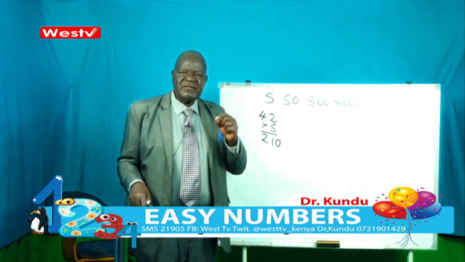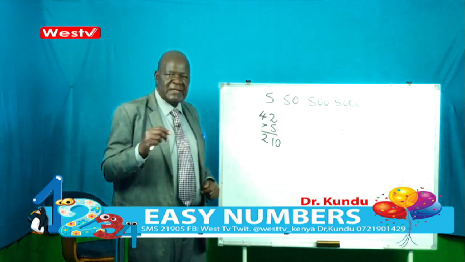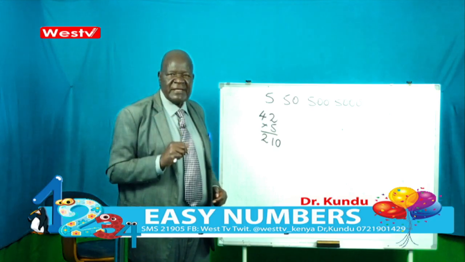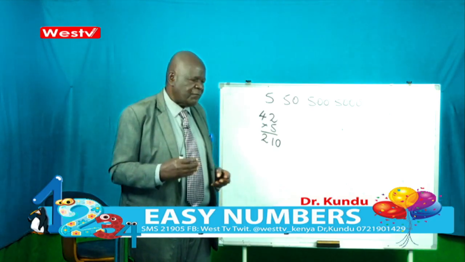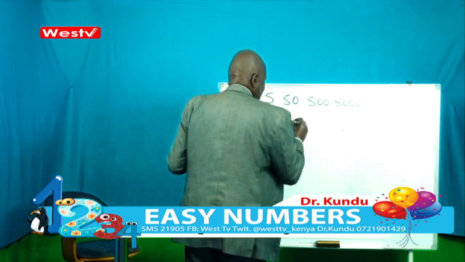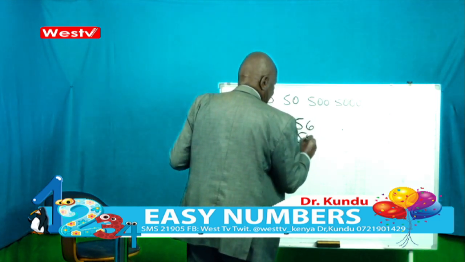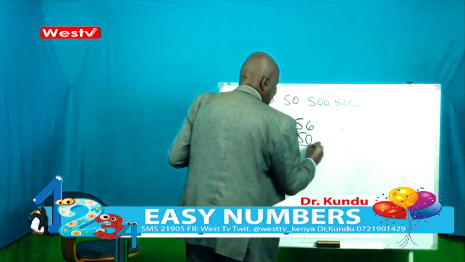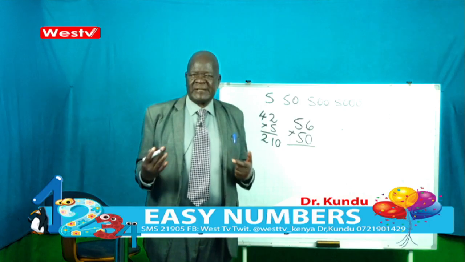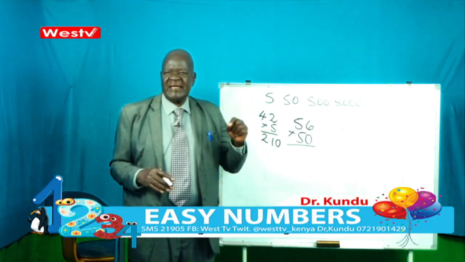And even a grade 3 child would multiply by 5 mentally, provided that he or she is well trained in dividing by 2, in taking half of the number. So let's look at another number like 56 times 50. When you look at this number 56 and you are an expert at dividing a number by 2, then you see it's 2800.